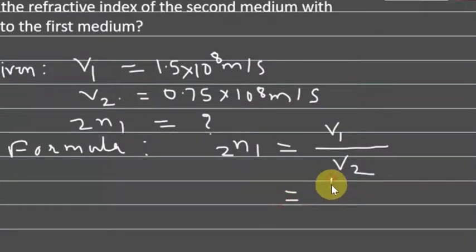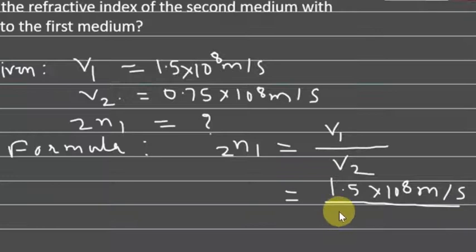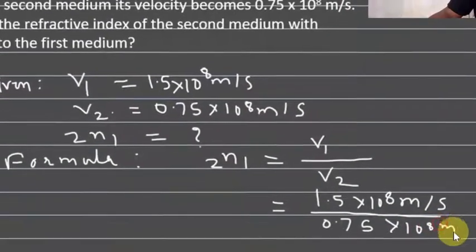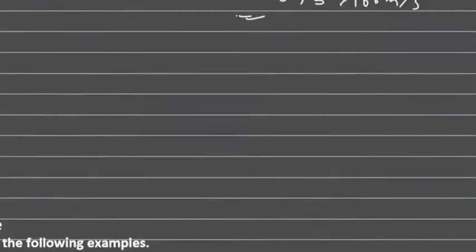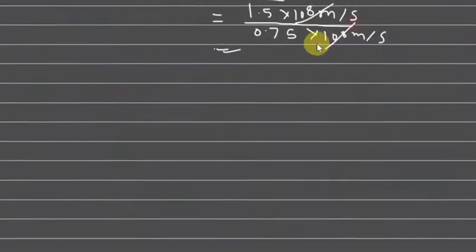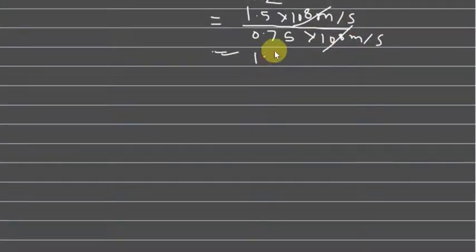What is V1? That is 1.5 into 10 raised to power 8 meter per second. It is not necessary to write the unit because they are the same. And 0.75 into 10 raised to power 8. 10 raised to power 8 gets cancelled and we are left with 1.5 upon 0.75.